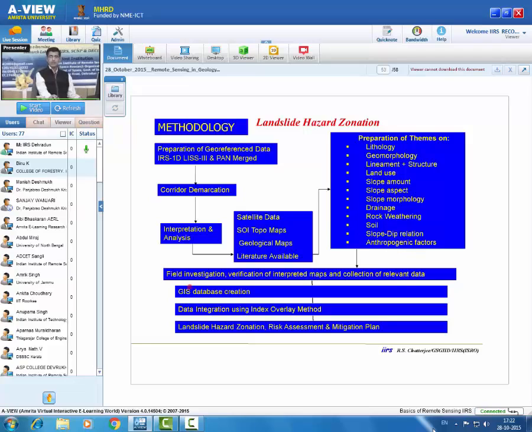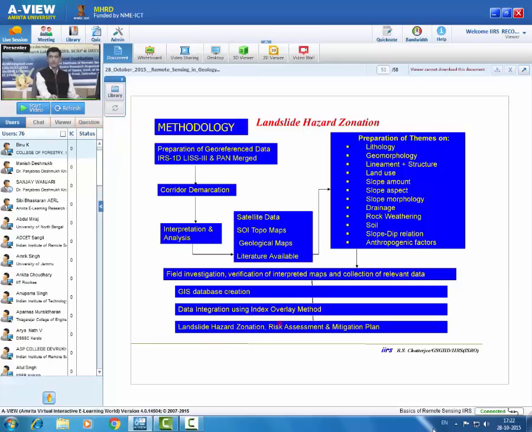And then after that, a GIS database has been created from these thematic maps converted to the GIS database. So the structuring and organization of the database is important. Then the data integration. Okay, there are many advanced techniques. A very simple technique is index overlay. You can have information value, you can have fuzzy logic, you have weights of evidence, many kinds of techniques are available for integration.